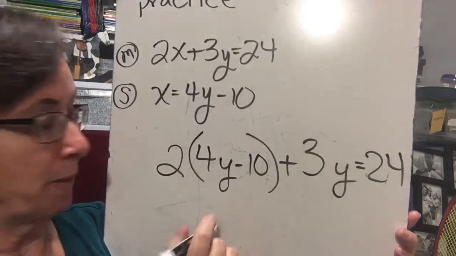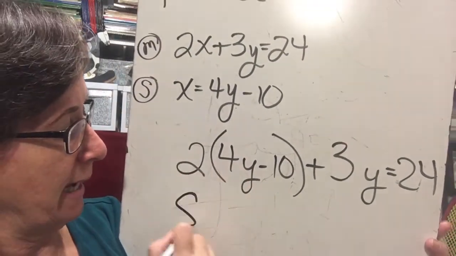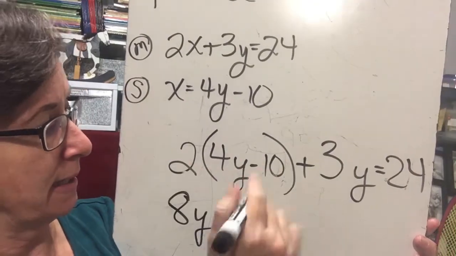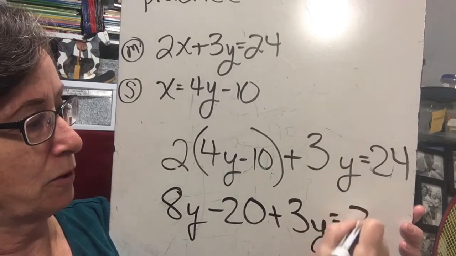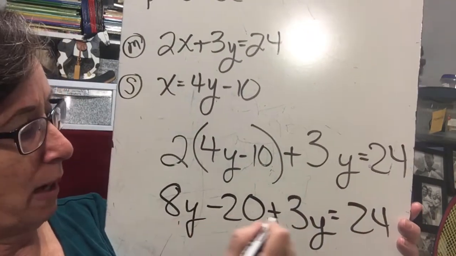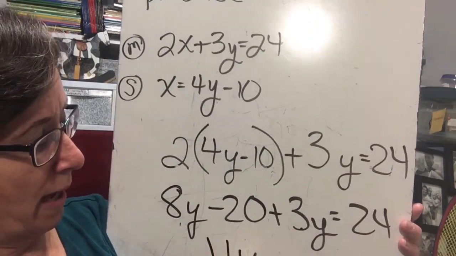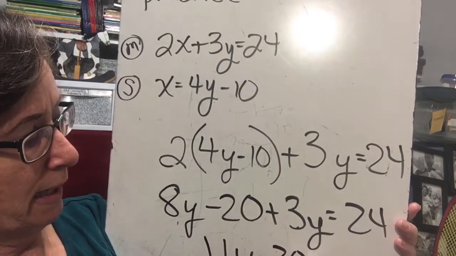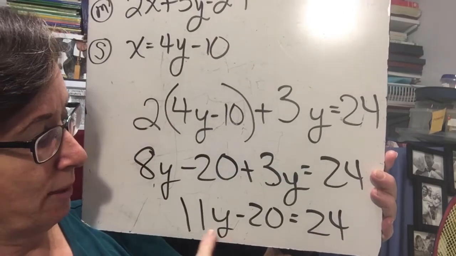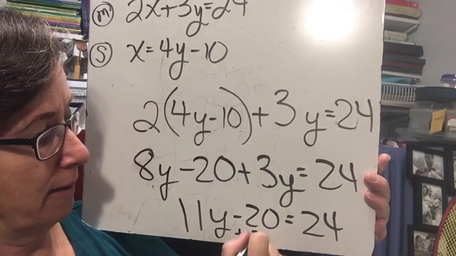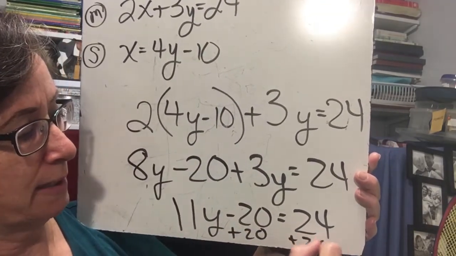We're going to distribute. 2 times 4 is 8y minus 20 plus 3y equals 24. 8y plus 3y is 11y minus 20 equals 24. So now I'm going to add 20 and add 20 to that side.